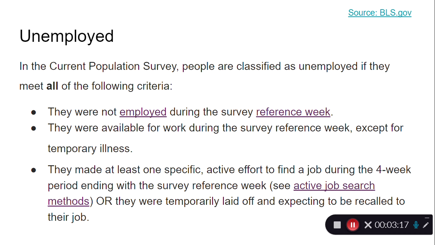You call a sample, and then you end up with a number with a given confidence interval around that number. So there are these various bits that are used to determine whether somebody is unemployed. And if it seems kind of complicated and it might exclude certain people, yeah, you are correct.